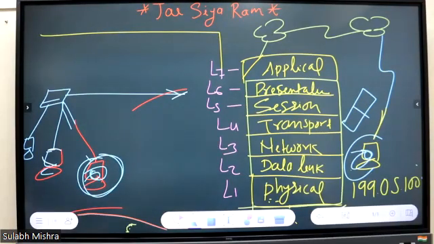So layer 1: hub, repeaters, cables, connectors, NIC.